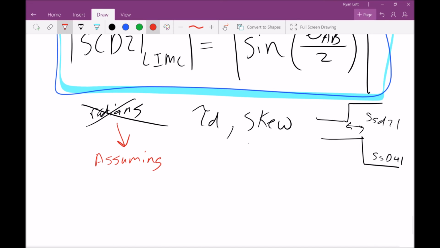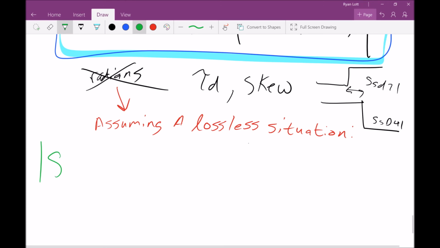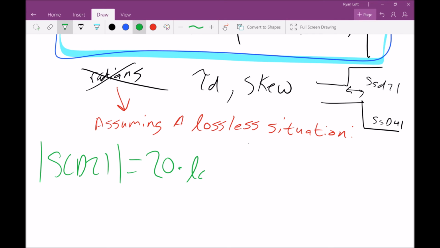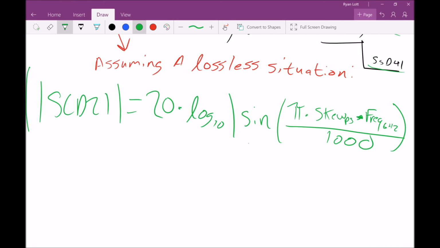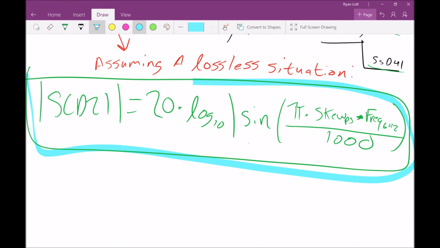Assuming a lossless situation, we can say that the magnitude of SCD21 on a dB scale is equal to 20 times the log 10 value, absolute value of sine, pi times the skew or time delay difference between these two, in picoseconds, times our frequency in gigahertz divided by 1000. This right here is the useful equation.